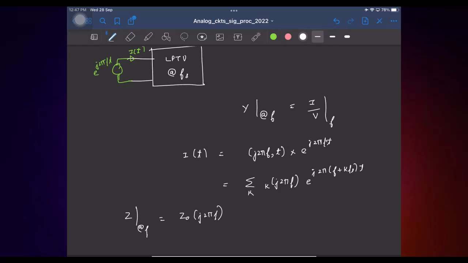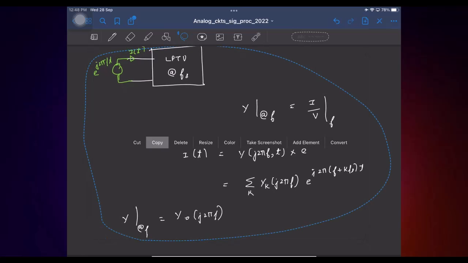And similarly the admittance at f is Y0. Same thing. So now let's try to do the same thing as we did for the LTI case and replace this voltage source by the equivalent current source.